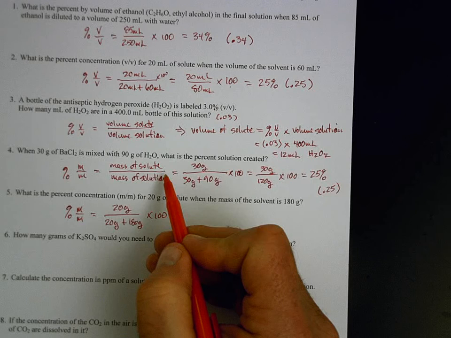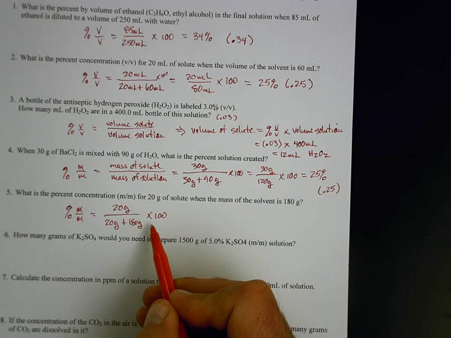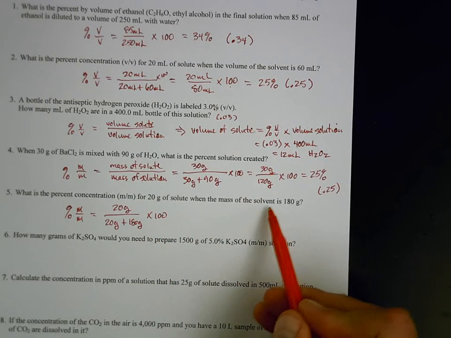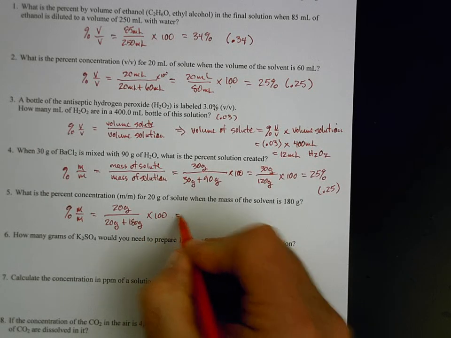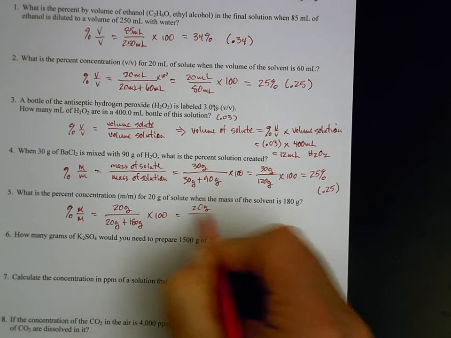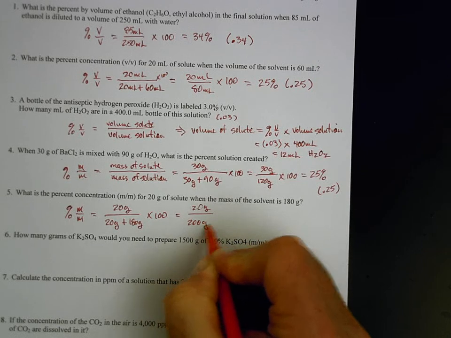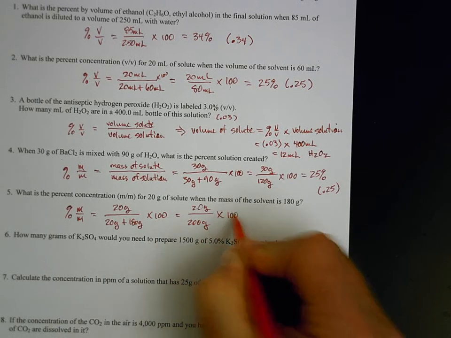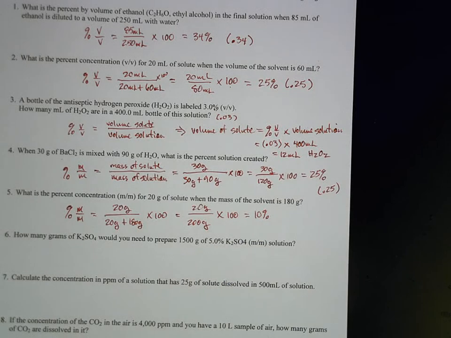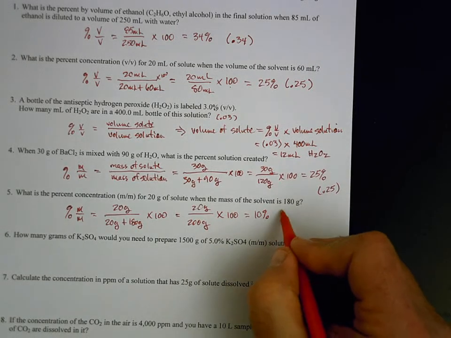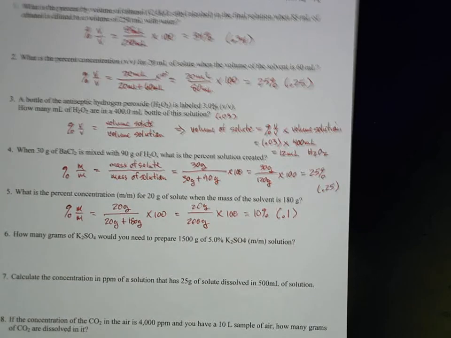It wasn't clear in 4, it's clear in 5 because one is solute, the other solvent, the bottom is solution. So this is going to be 20 over 200, which ends up being 10%. And the decimal was 0.1.